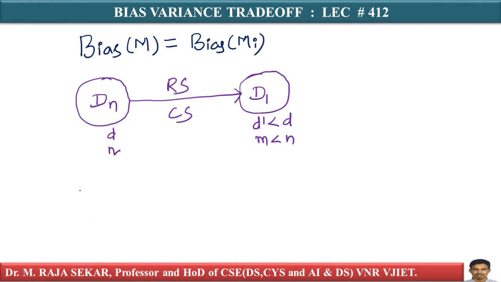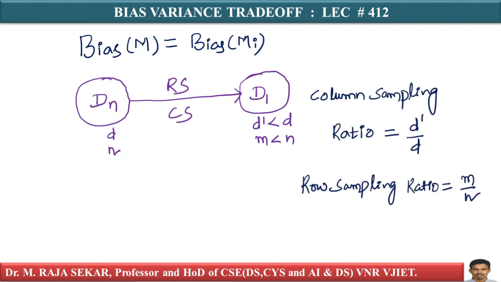Let's see the sampling ratio. D dash by D is your column sampling ratio. Similarly, M by N is your row sampling ratio. We have two ratios: one is the column sampling ratio and another is the row sampling ratio.